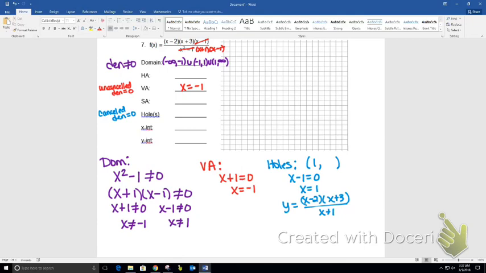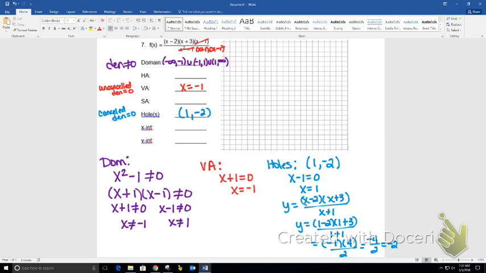Now plug x as 1 in there and simplify that. And so you find you have a hole at (1, -2).